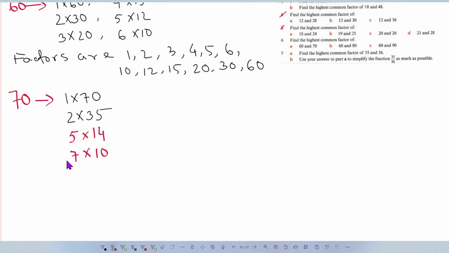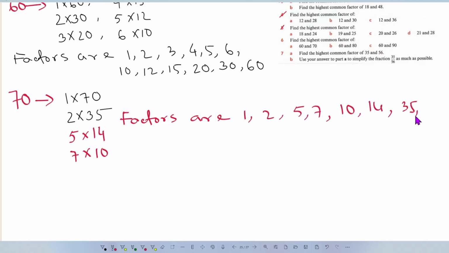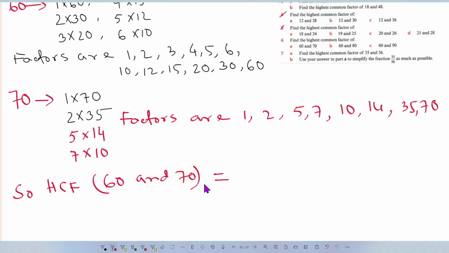So now we can write factors are 1, 2, 5, 7, 10, 14, 35 and 70. So HCF of 60 and 70 equals to, which one is the common?